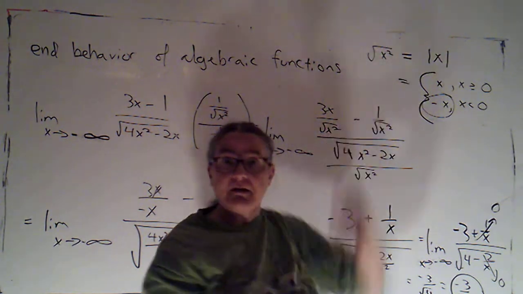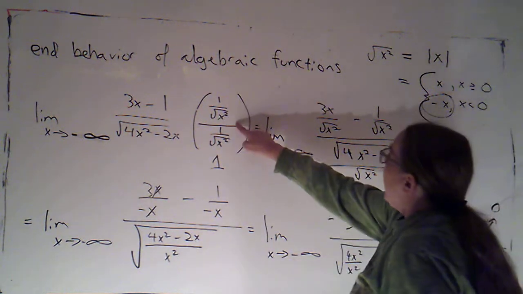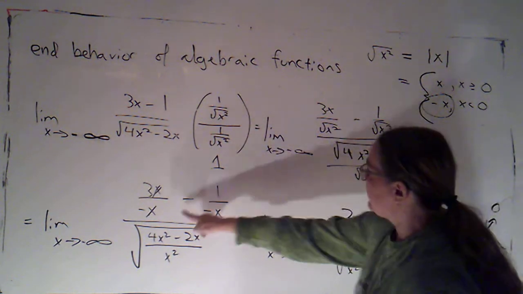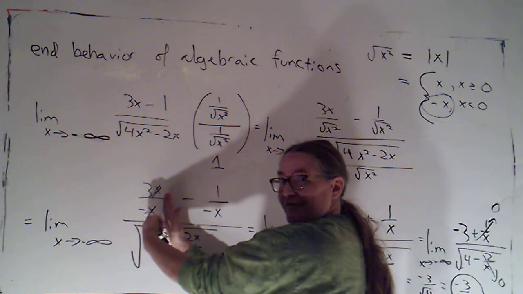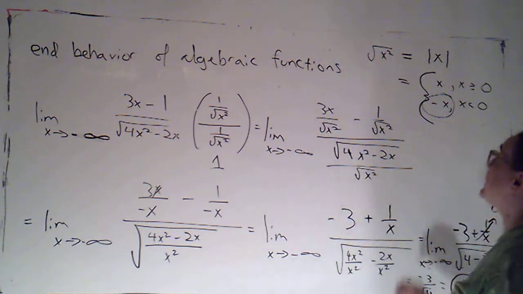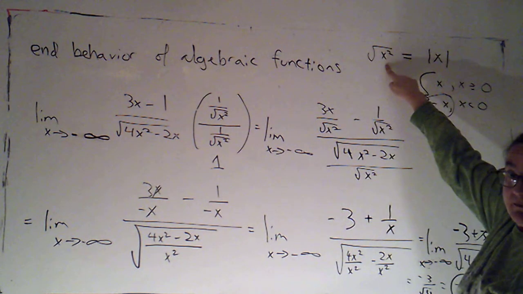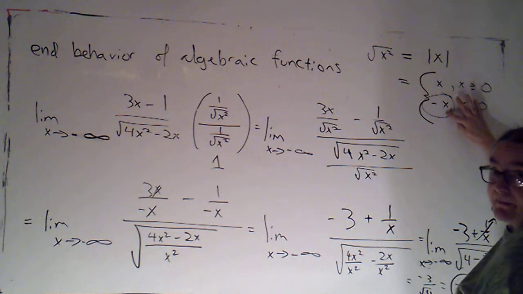That's totally fine. You could, if you preferred, have said, here I'm going to write the absolute value of x, and then in the next step I'll write the opposite of x. But I want to see the square root of x squared, then the absolute value of x, and then the x or the opposite of x.